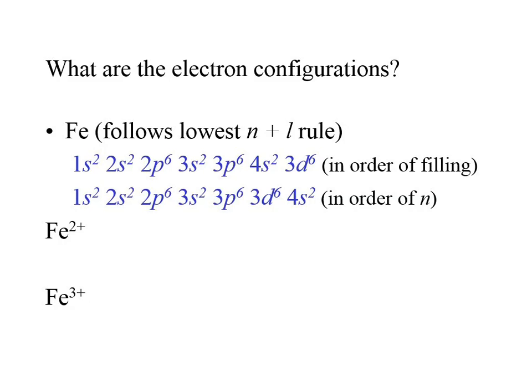So let's look at iron. Iron is atomic number 26, so the 26 electrons are configured this way. Sometimes students ask, do I have to reorganize it? When I grade your test, this is in the order of adding, specifically adding using the arrow diagram.